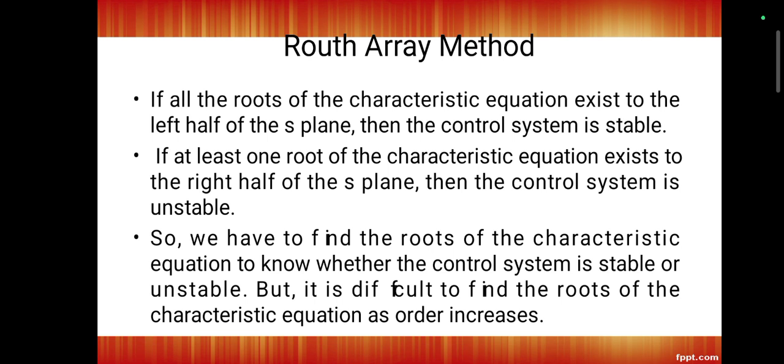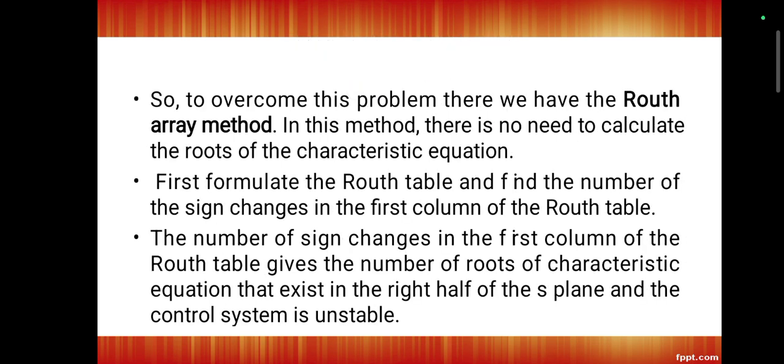So from this we have to find the roots of the characteristic equation to know whether the control system is stable or unstable. But it is difficult to find the roots of the characteristic equation as the order increases. So for increasing order, we move to the RH criteria.